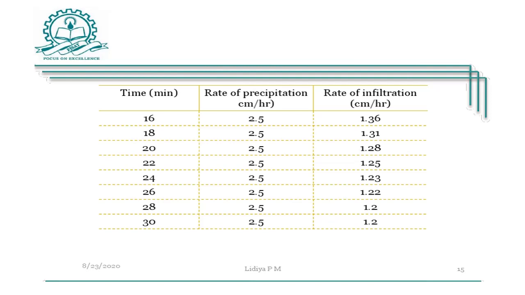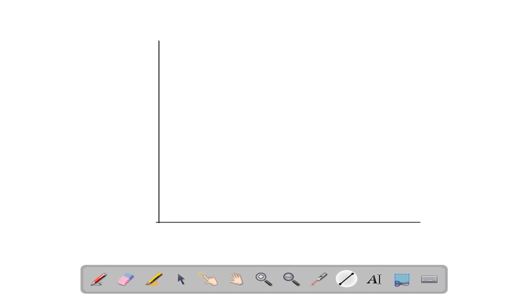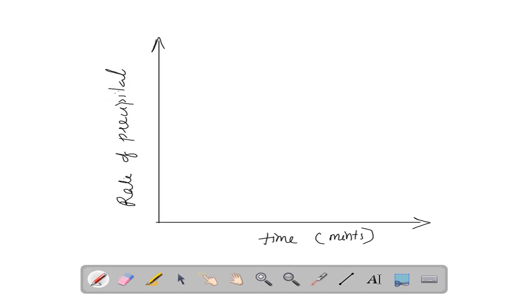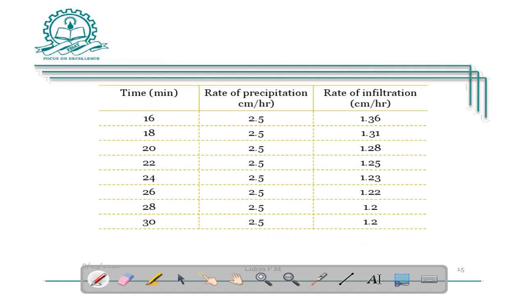Okay. So first step, you have to draw a graph, with time in minutes on the x-axis and rate of precipitation or infiltration on the y-axis. If you consider the time and rate of precipitation, you will get a hyetograph.